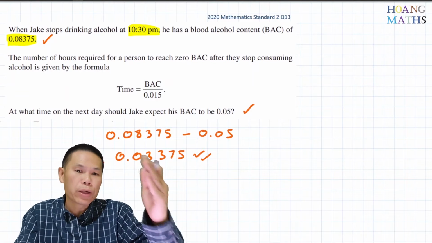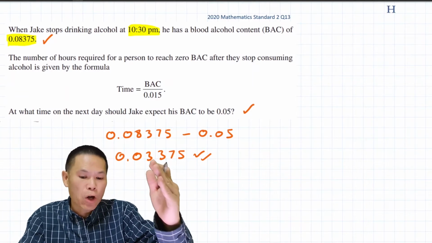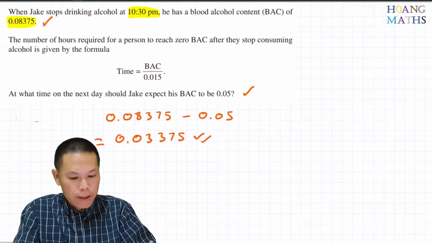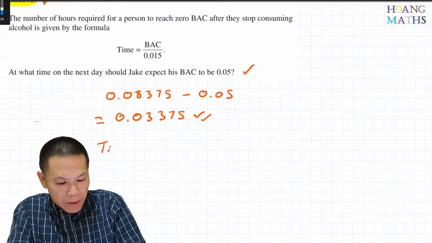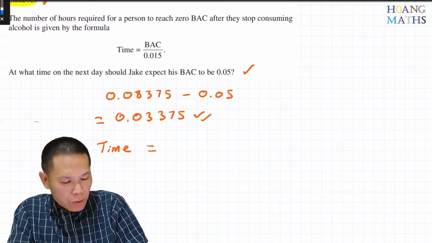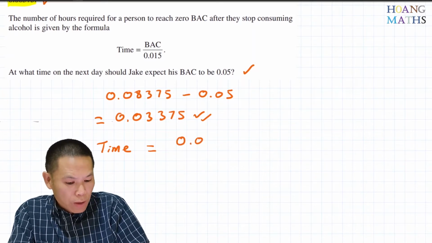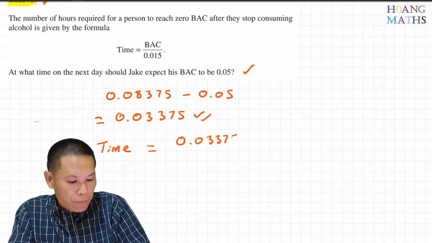So now I just put in a formula to work out how long it takes to reach 0.05. Okay? So I go time is equal to the blood alcohol content, 0.03375, divided by 0.015.